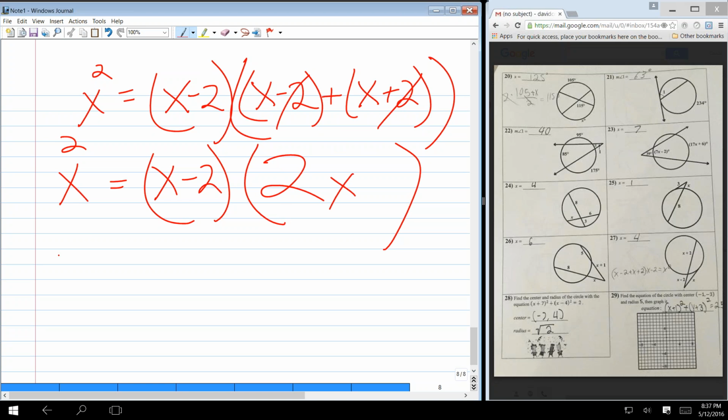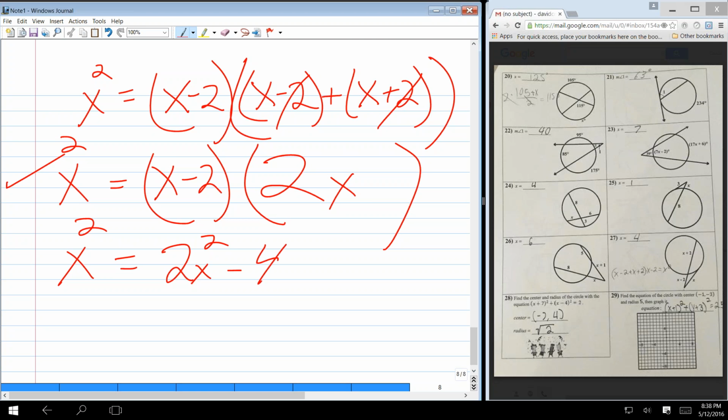Now, it's a problem I can solve. It's got 1 variable in it. Let's solve it. So it would be x minus 2 times 2x is equal to x squared. Multiplying, it'd be 2x squared minus 4x.